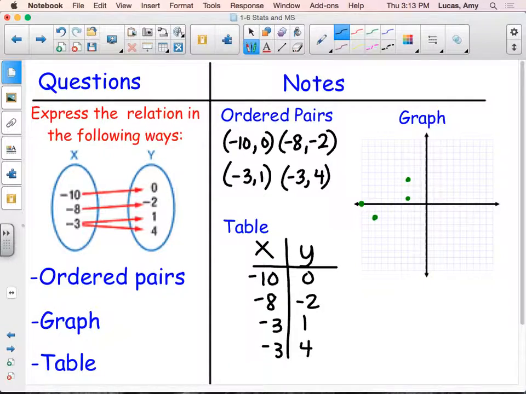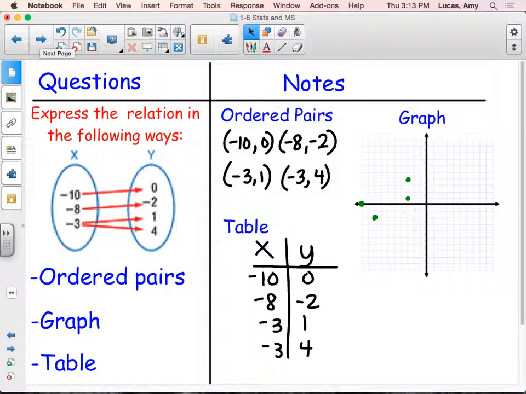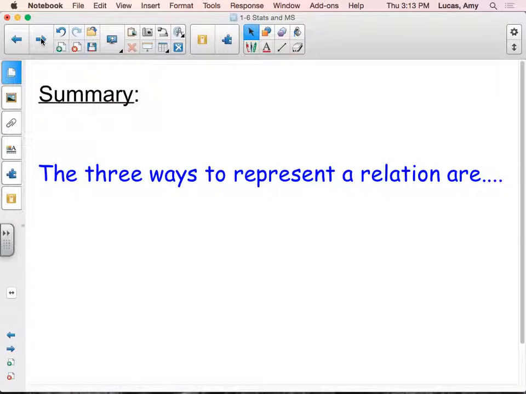So in the table, repeating that x value is fine. You want each ordered pair expressed in your table. All right, so as a summary, you should be able to explain the 3 ways to represent a relation.